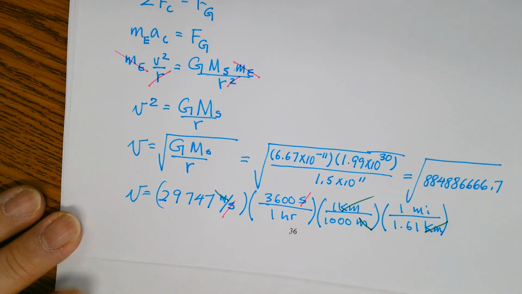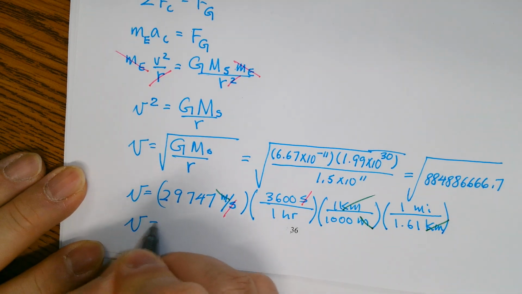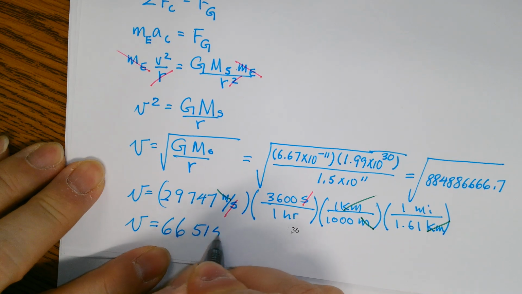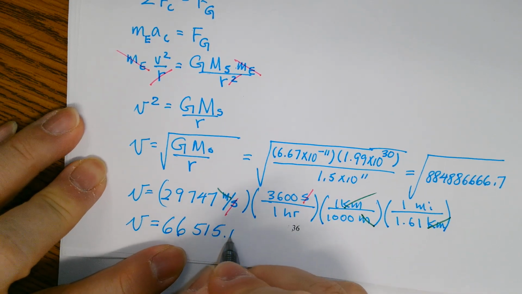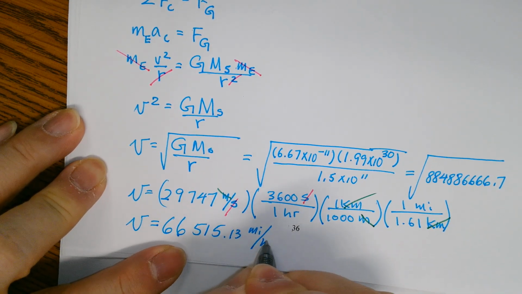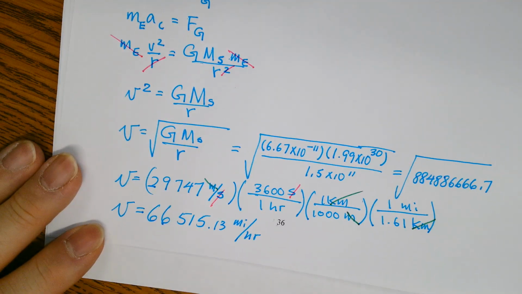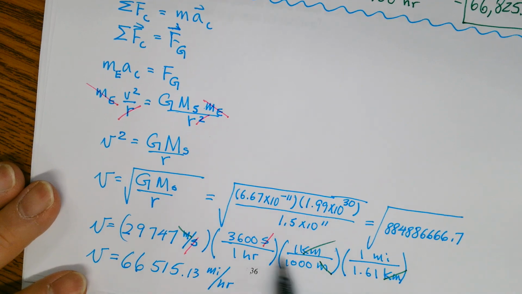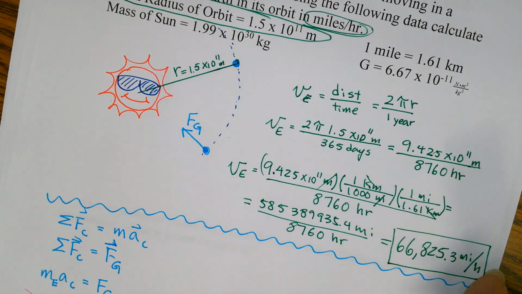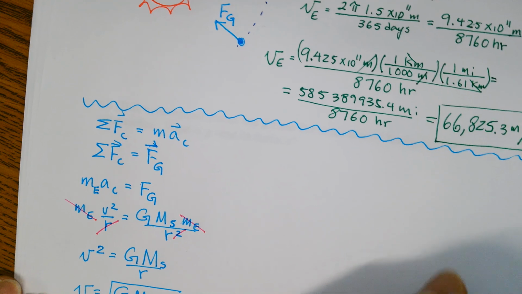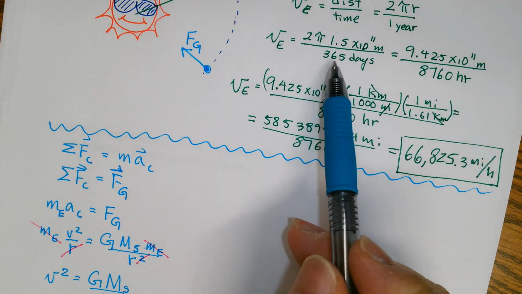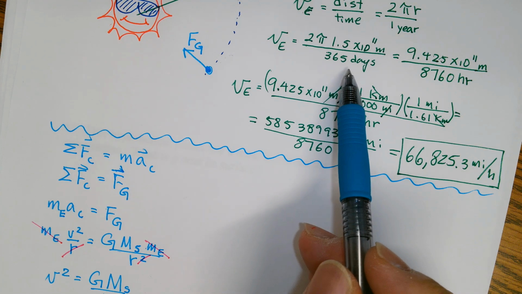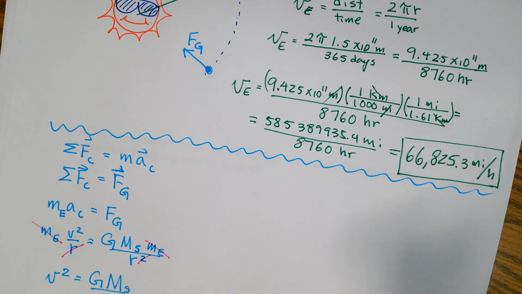So if you work this out, you'll get something like 66,515.13 miles per hour. Now the difference is, because of all these other carryovers in different decimal places, I think that makes the difference. Also, if you divide this by 365.25, because of the leap year, this will make it smaller as well.